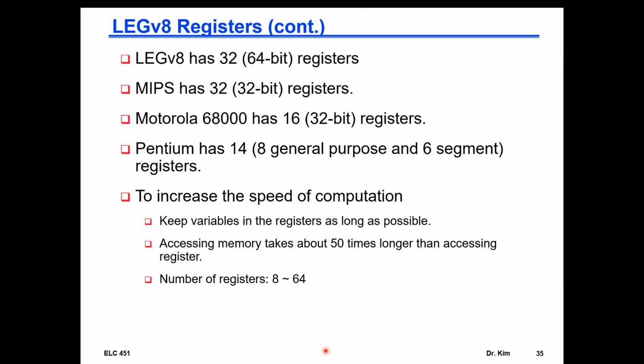The older Motorola 68000 line had 16 32-bit registers. And the Pentium has only 14. That probably surprises you, that something so modern, so powerful, has so few registers. That is because it's a different approach.